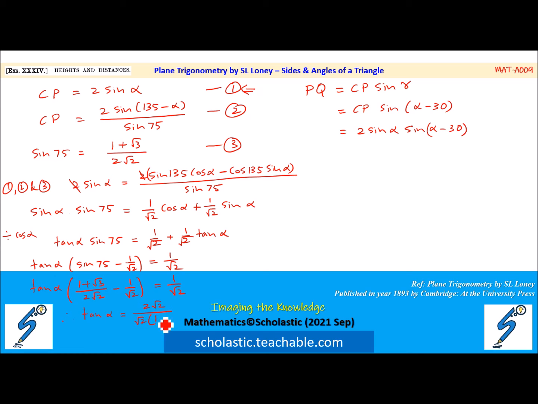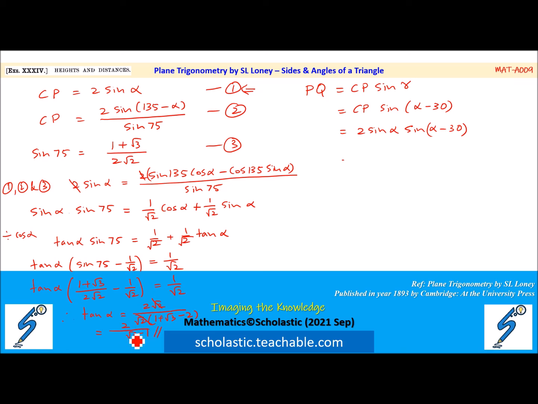Here 1 plus root 3 minus 2, correct? Because this is root 2, so 2 will come here. So that will simplify and give us tan alpha equal to 2 over root 3 minus 1.